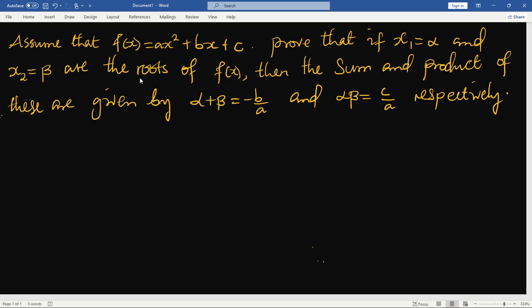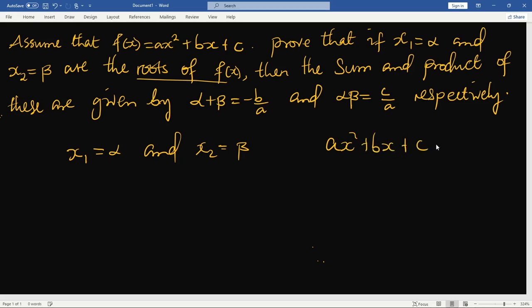Now, when we say roots of f(x), we simply mean that these are the answers to the expression. So if we have x₁ = α and x₂ = β, it simply means that these are the roots of the equation, such that if we plug these roots into the expression, it will be equal to 0, meaning that ax² + bx + c will be equal to 0.